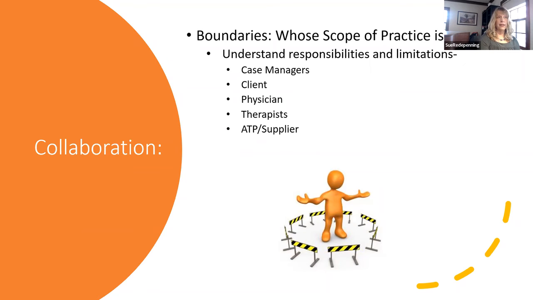We often get a lot of delays, either me or the ATP vendor sees this too, in that piece happening smoothly, or the physician supplying what is needed. So I also see a huge role for case managers, ATP suppliers, and us therapists to educate the person and the physician on those pieces, and then to even give examples to the physician of what you're looking for and what's needed from them so that they can provide it in the right way.